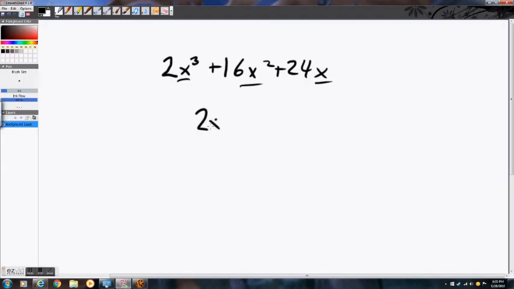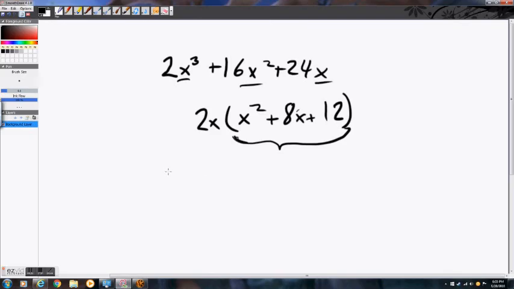So if we take out a 2x, we're left with x squared plus 8x plus 12. So 2x cubed plus 16x squared plus 24x. Now we just have to factor this.